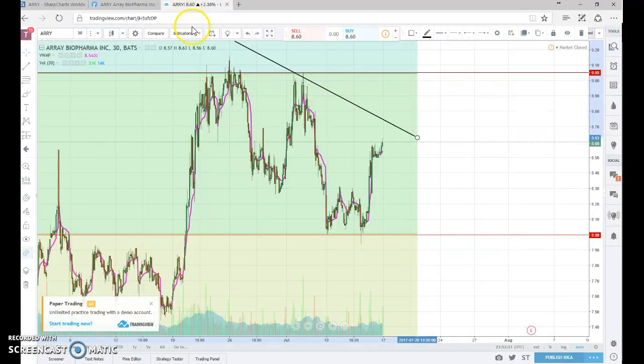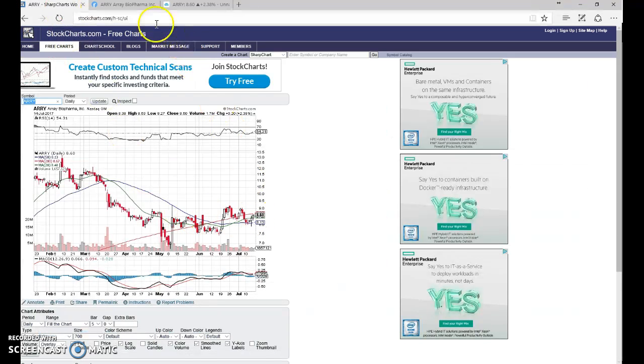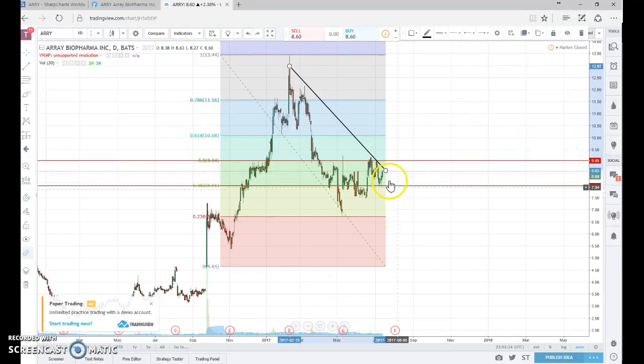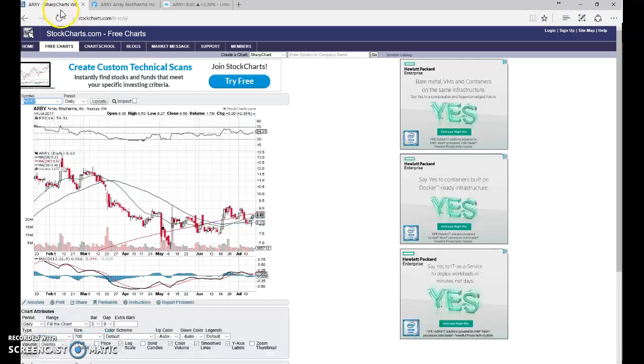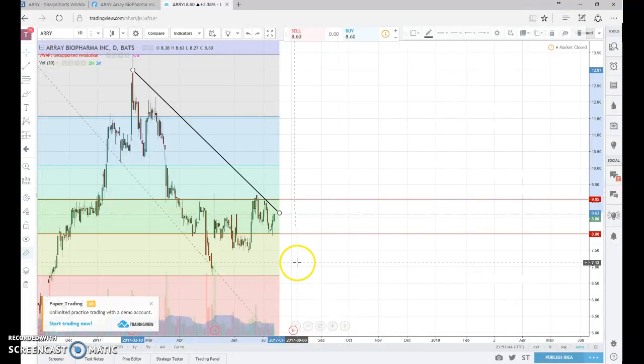If it breaks over this trend and it breaks over the 200 moving average, you can have a lot of traders who have scanners just to indicate that when the stock moves over the 200 moving average, to go long. So those are things to be careful about, especially if you want to go in with a bias.